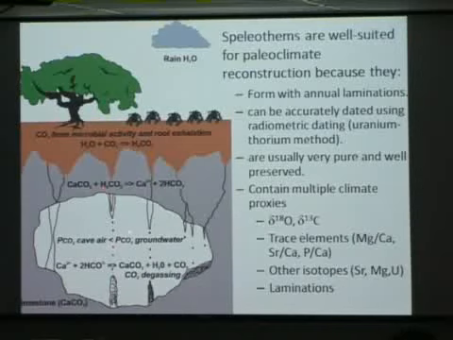And then there's a number of other isotope systems which people are working on calibrating, which may provide further information. So we can look at multiple proxies at once and therefore get more robust paleoclimate data. And also just looking at the laminations themselves, sometimes you can measure the growth rate of those samples as a function of climate and such things as that.